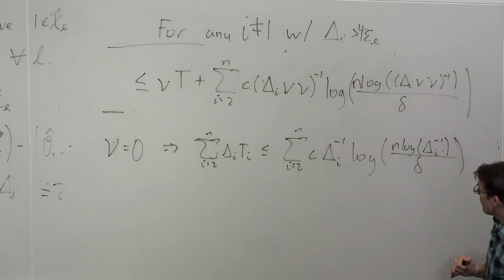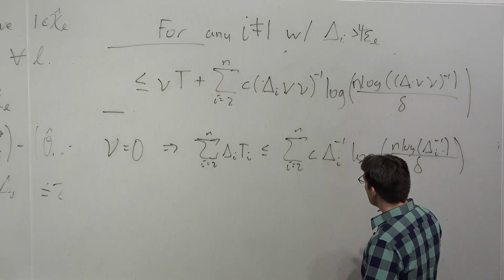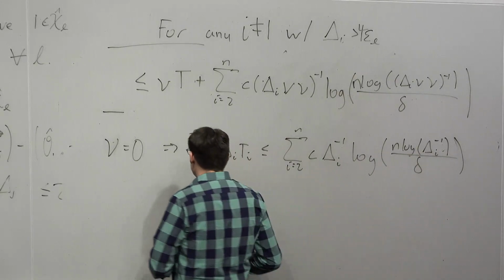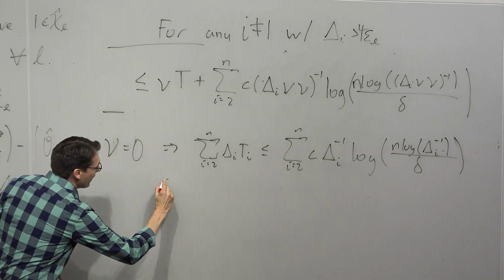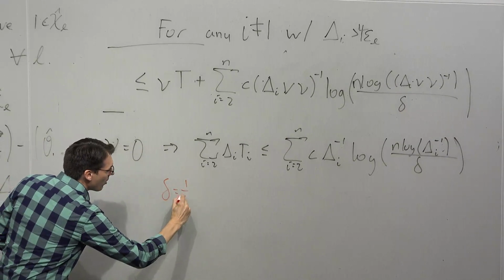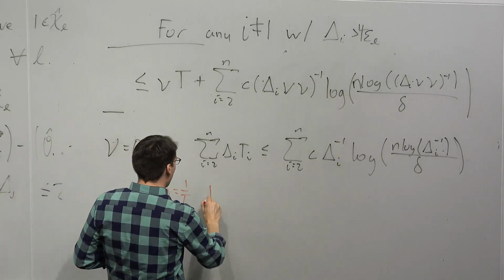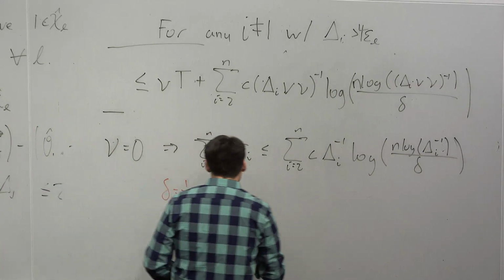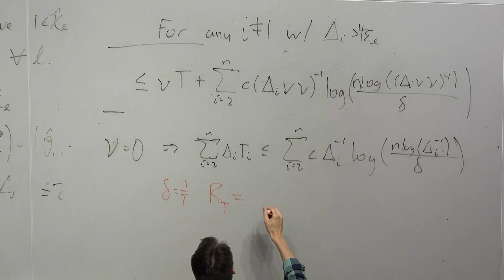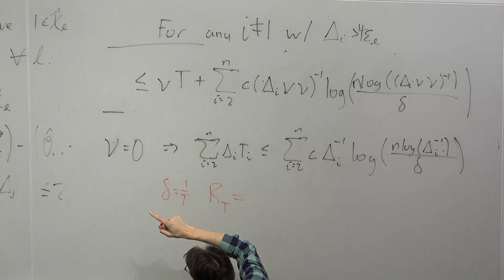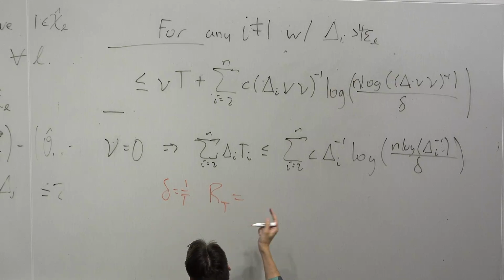And now, what I can do with this is that if I plug in, just like we did last time, delta equal to 1 over t, then I get that the regret R_T is equal to this guy under the event E holding, plus it not holding.